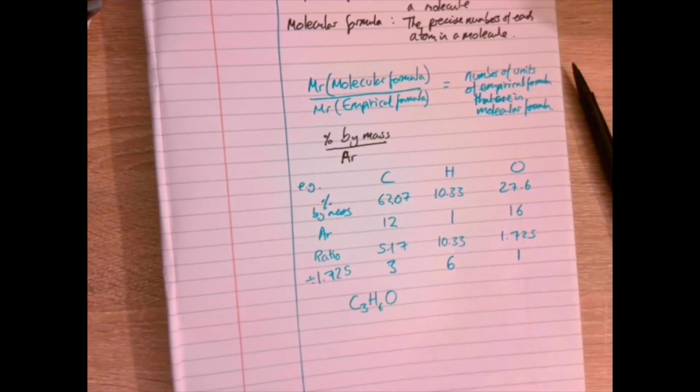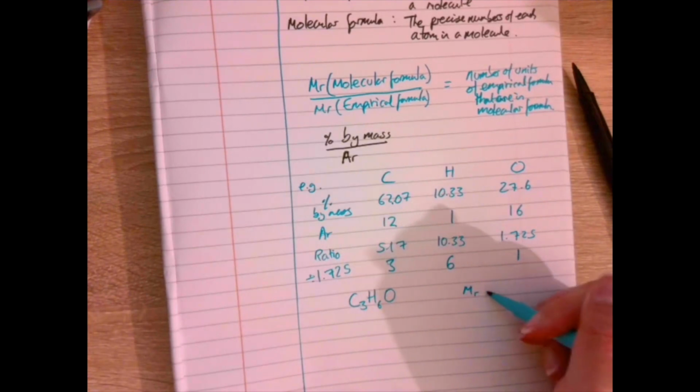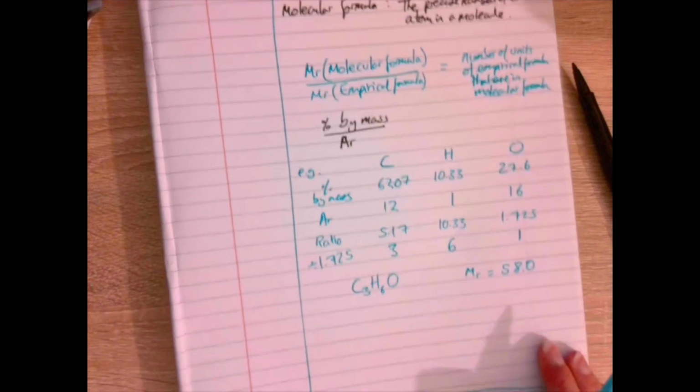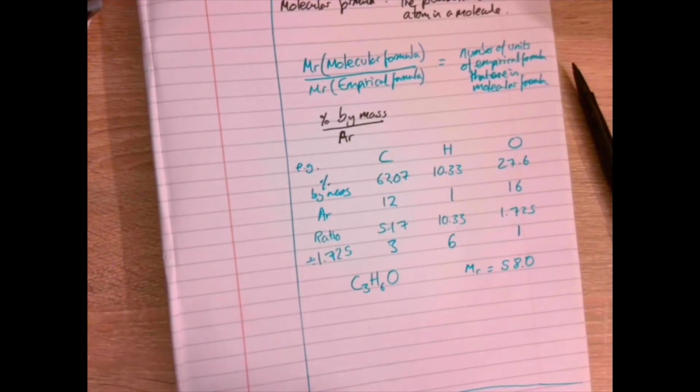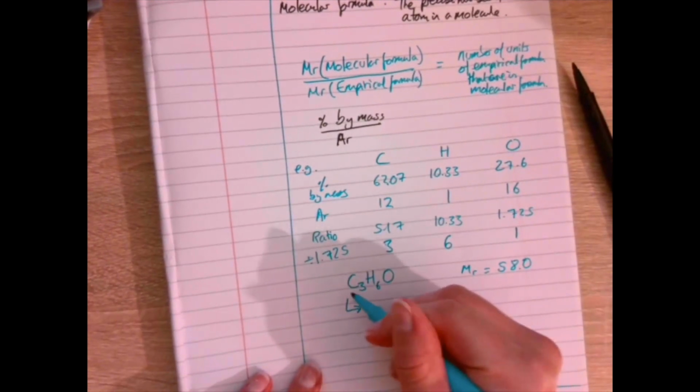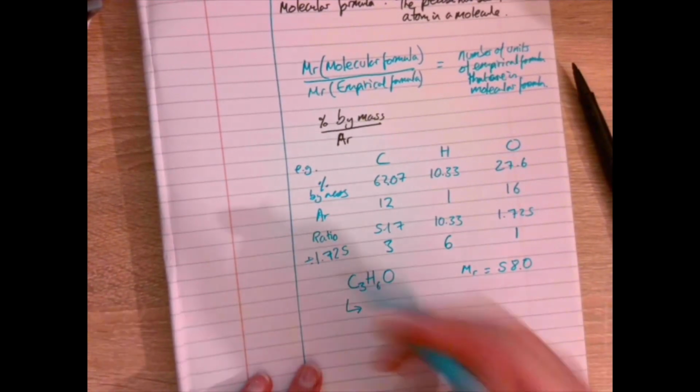They've also given us the MR of 58, and so in order to find out what our molecular formula is, we can work out the mass of this empirical formula.